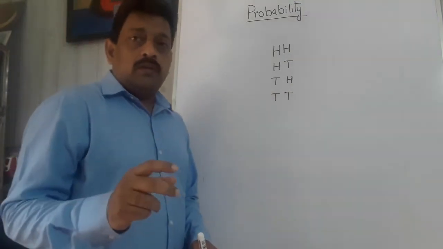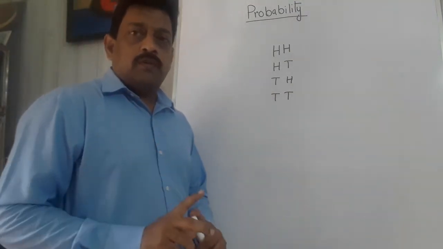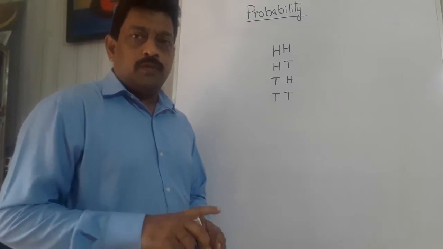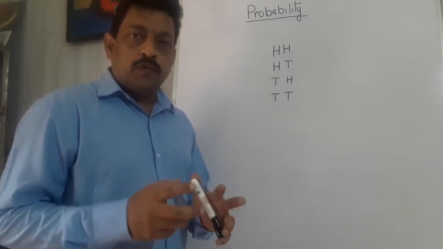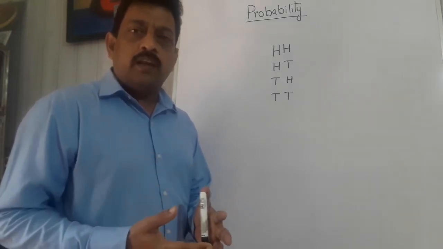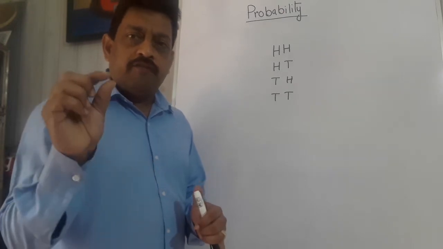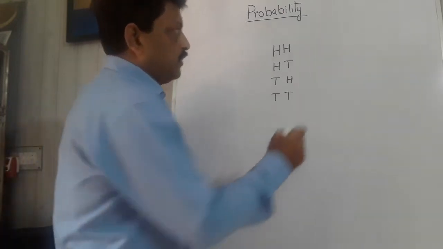Now in a single coin, there are two outcomes. So possible outcomes can be calculated by using a very simple formula.